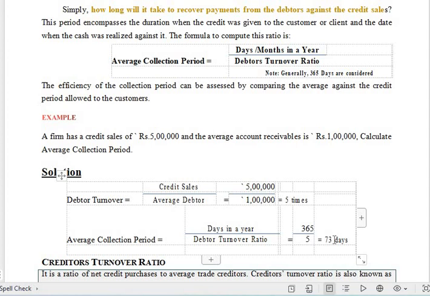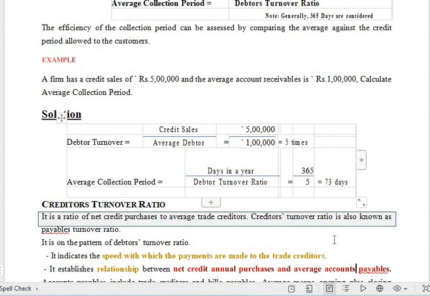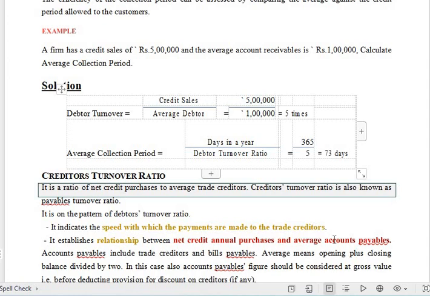The next one we are going to discuss is the creditor turnover ratio. What is the creditor turnover ratio? This ratio says when you are going to make payment for your credit purchases, to whoever you have borrowed money from. This efficiency we calculate with the help of the creditor turnover ratio.